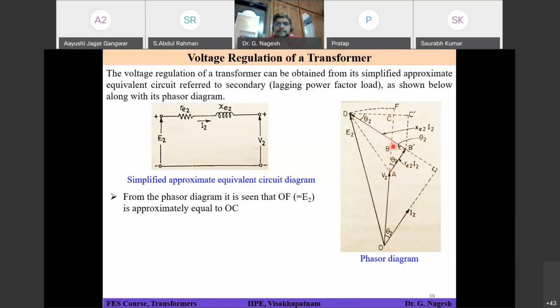I2 XE2 sin theta 2. Right. So E2 is approximately equal to V2 plus I2 RE2 cos theta 2 plus I2 XE2 sin theta 2. Is it correct? Yes, sir. Did everyone get an idea regarding this?